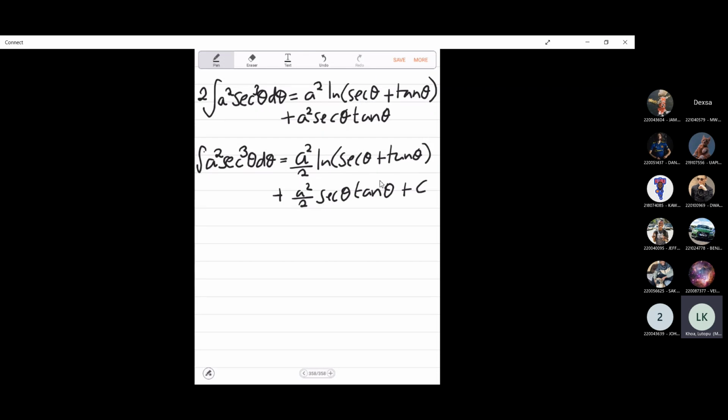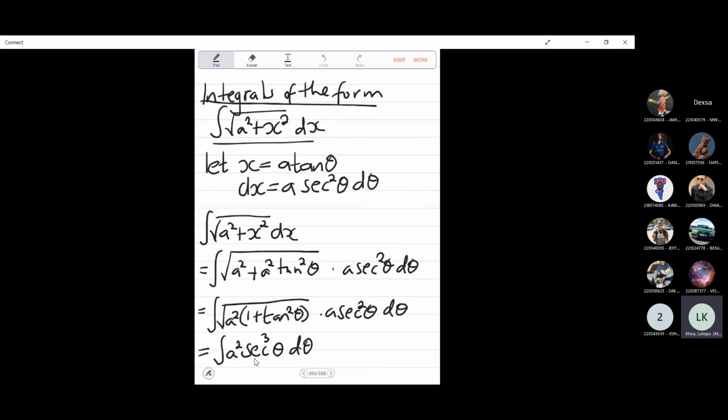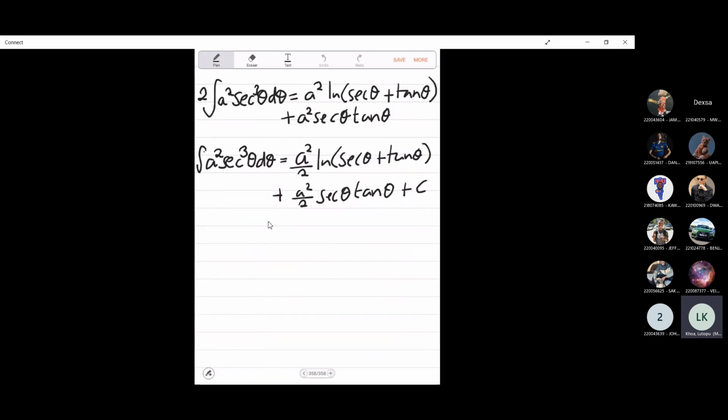Okay, then keep in mind that there was no theta when we started, so we would have to then rewrite everything in terms of x. So this one here, a squared sec cubed theta d theta. This is the same as the square root that we were trying to integrate. So we have the integral of the square root of a squared plus x squared dx.